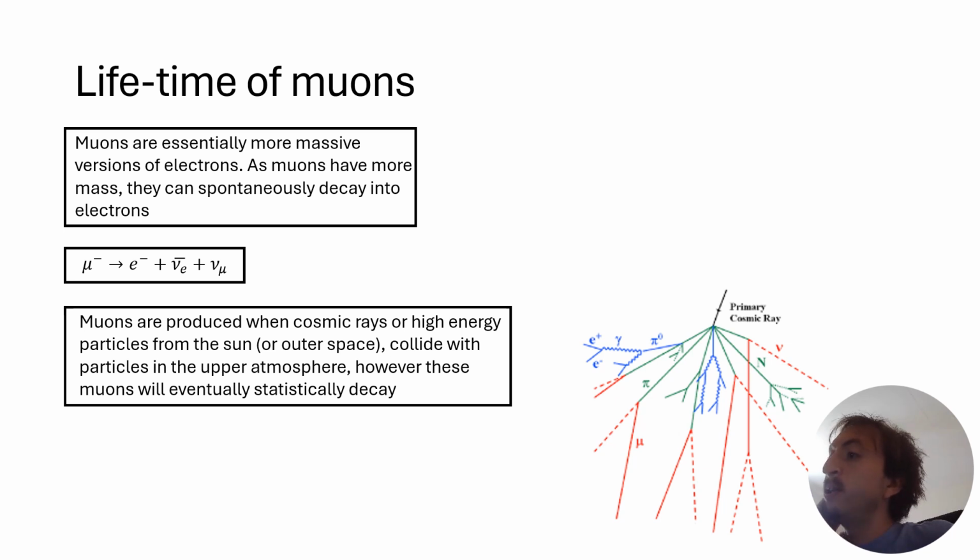So, a primary cosmic ray has tons of high energy particles. These particles collide with atoms in the upper atmosphere. Then these atoms, having now tons of energy, start to decay.